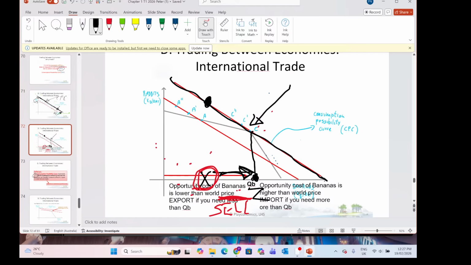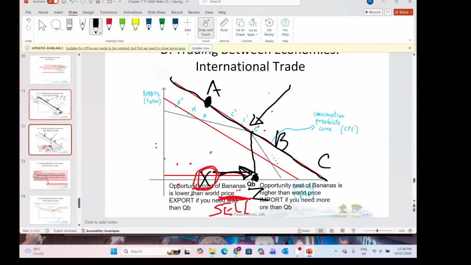It could consume at A, B, C, anywhere along the line, as a result of either importing or exporting to other countries. And we import if our comparative advantage is less. We export if our opportunity cost is less.